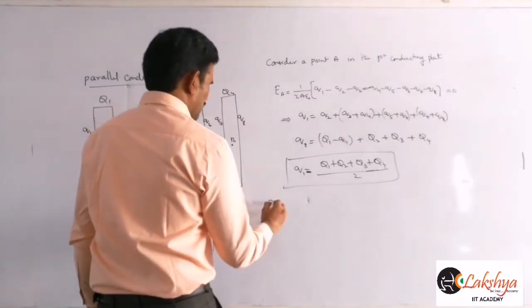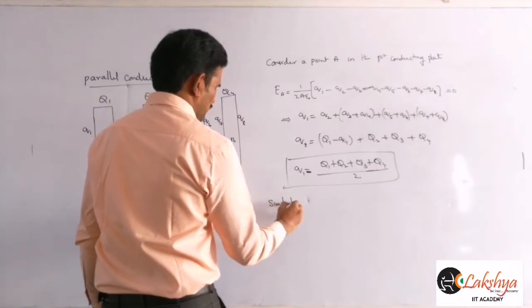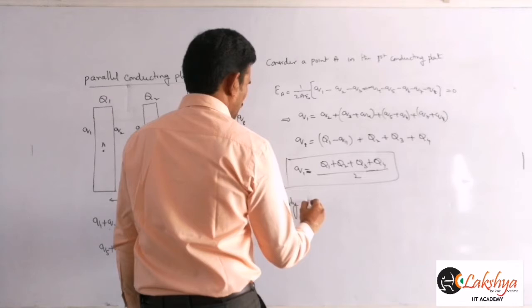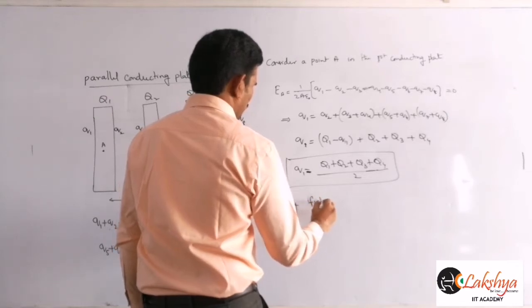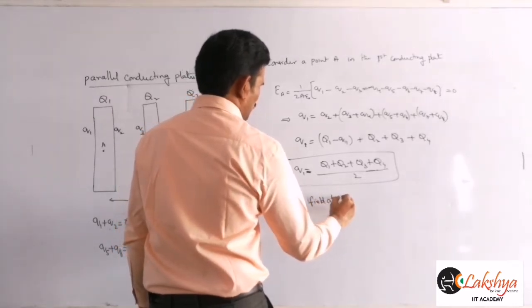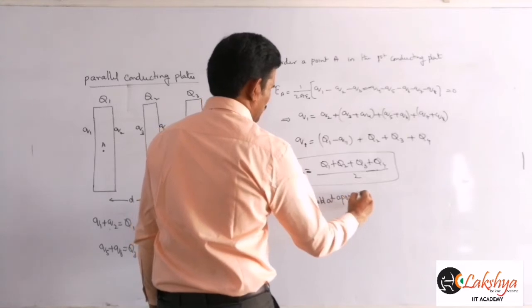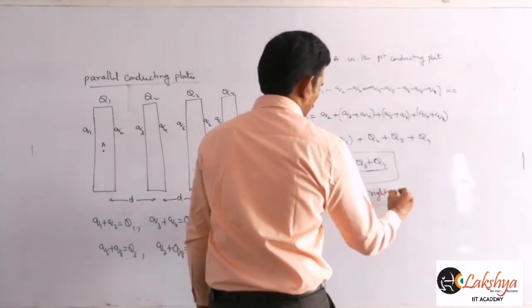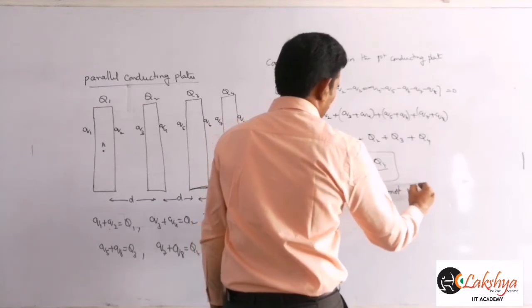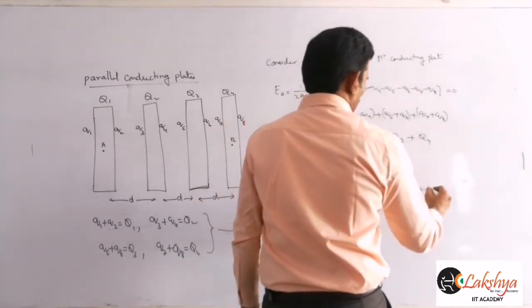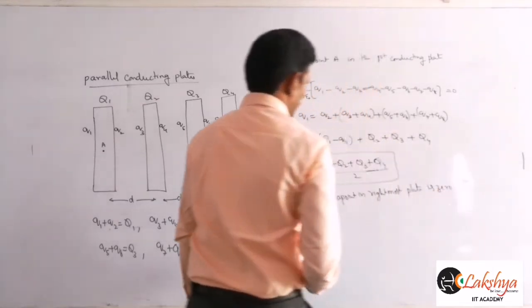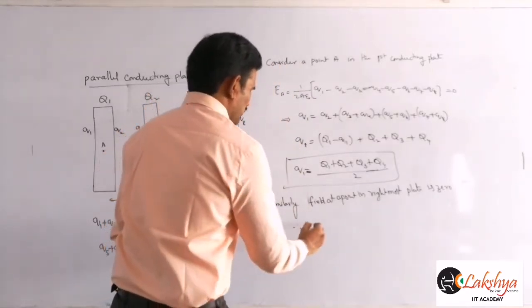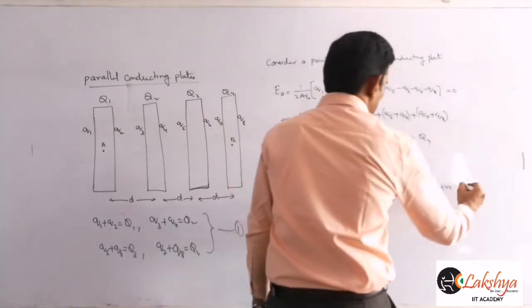Similarly, the field at a point in the rightmost plate is 0. Therefore you will get that EB is equal to 0.